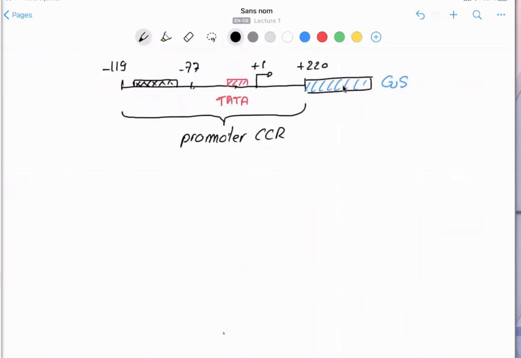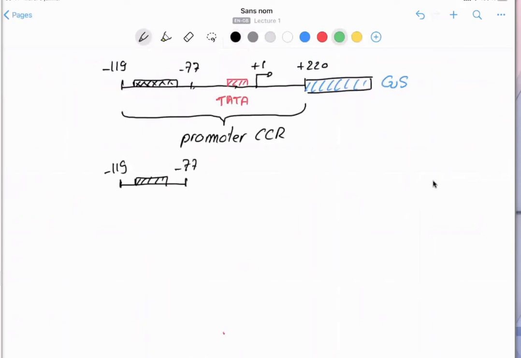So the strategy will be the same, will be this one. We take the fragment that we identify as necessary. So minus 119, minus 77, okay? It is this fragment that contains putatively the regulatory sequences. And instead of using the endogenous core promoter, the Tata box from the CCRG, we will link to this regulatory sequence an artificial Tata box, and then the reporter gene.